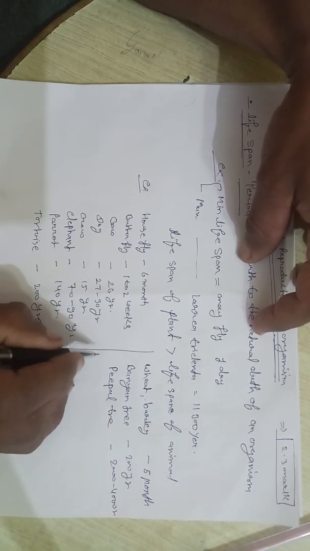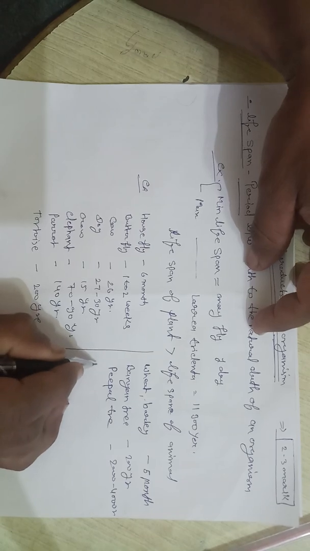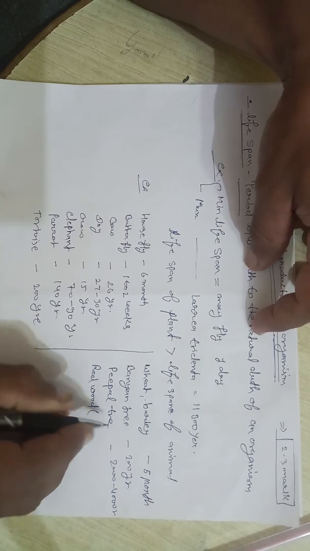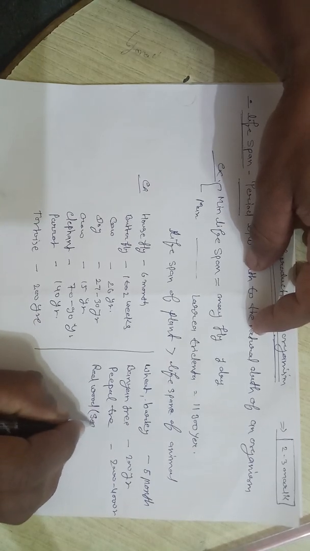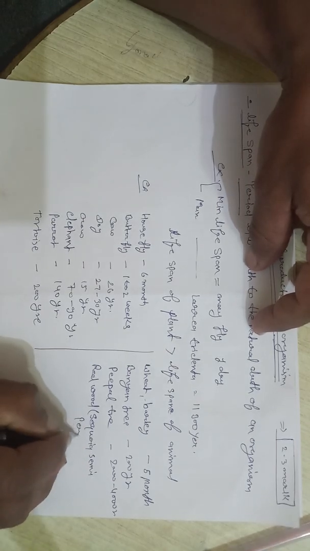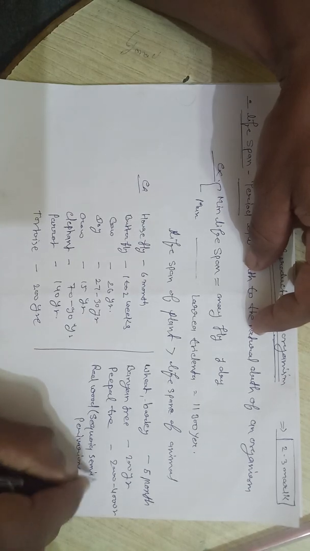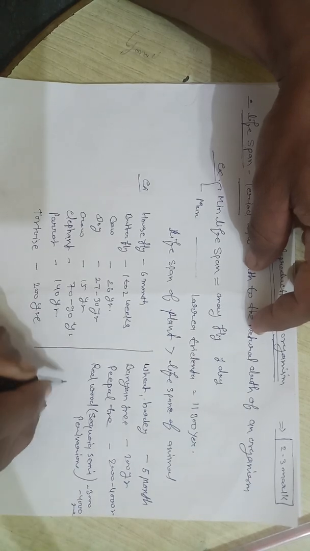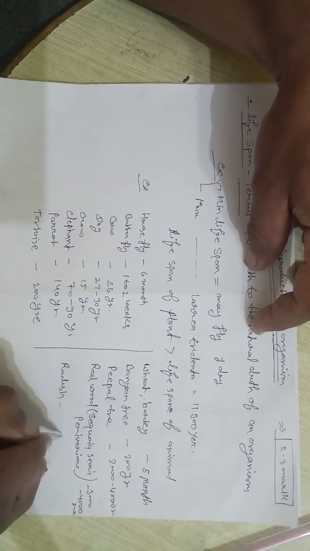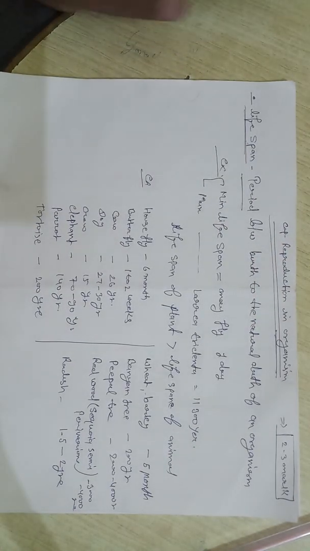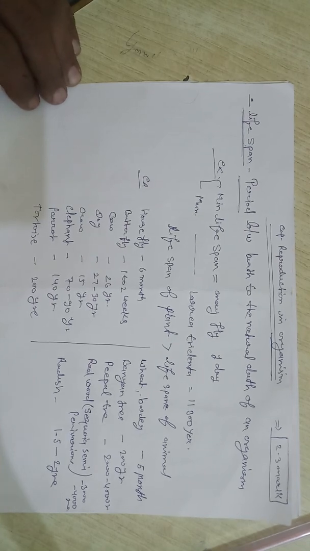And the tallest tree in the world is the redwood, scientific name Sequoia sempervirens, with 3000 to 4000 years. Rice has 1.5 to 2 years. So these are the lifespans of many organisms.